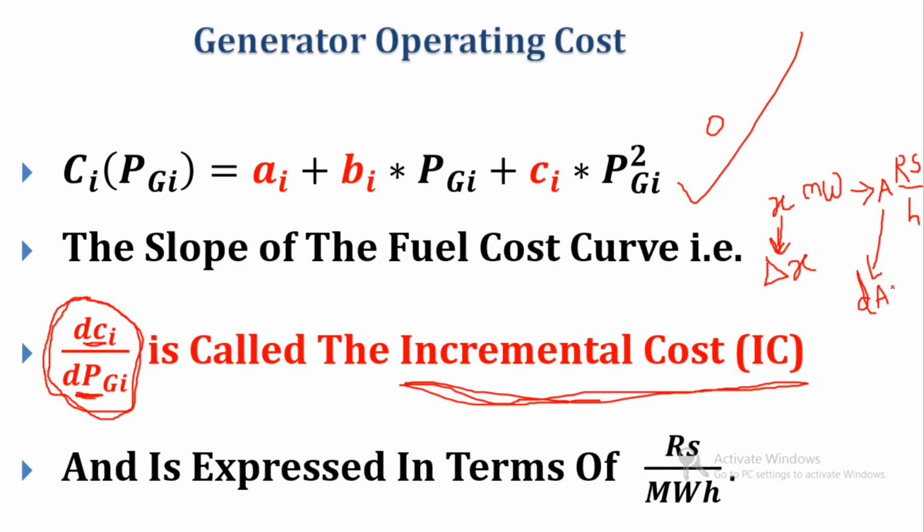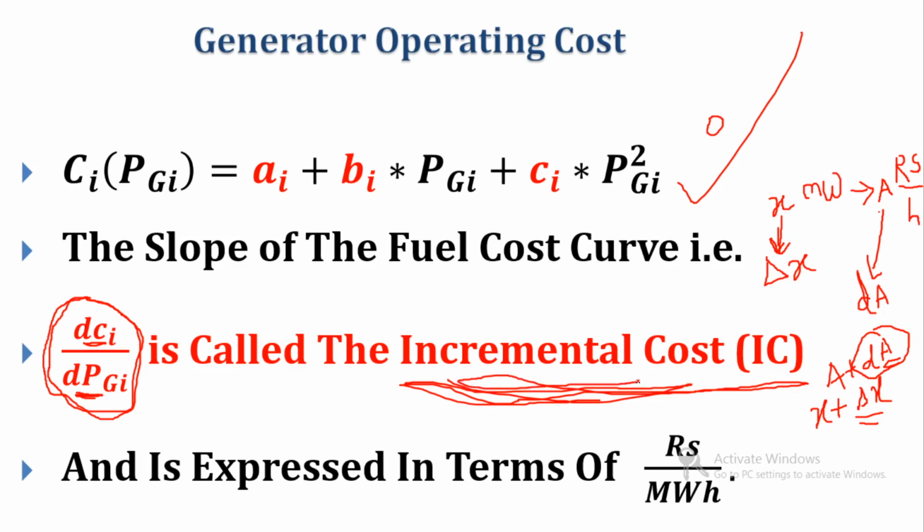That is known as incremental fuel cost. That means my cost is a rupees per hour. Now my cost will increase by a plus dA, because I will change my generation from x megawatt to x plus delta x megawatt. So to increase the generation by delta x megawatt, I have to increase my cost from a to a plus dA, and that dA is known as incremental cost.